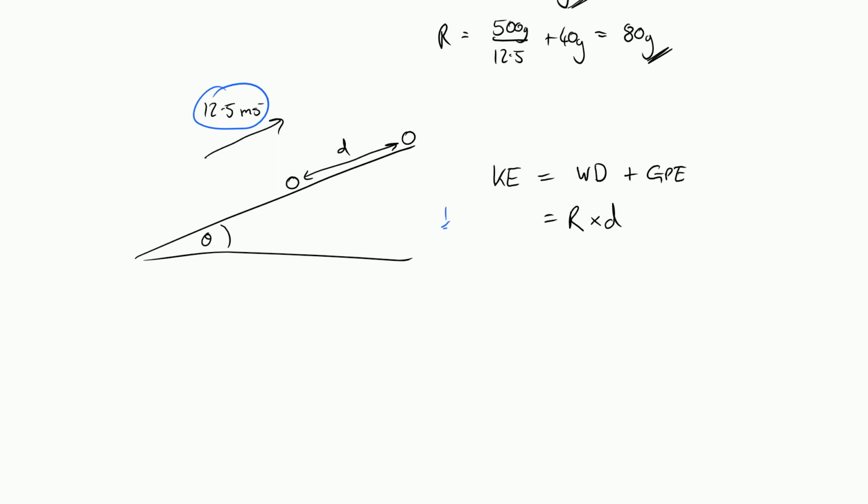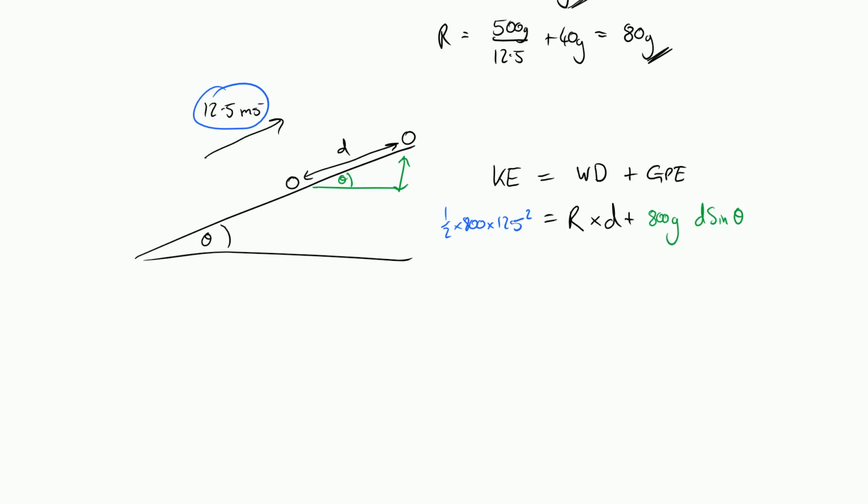So we've got a half times the mass of the car times the 12.5 squared. And then finally I've got this GPE, so I just need the height gained. And that height gained is going to be d sine theta. And we know that the formula for gravitational potential energy is mg delta h, so that's 800g, and then the height climbed, d sine theta. I need to add those bits together.